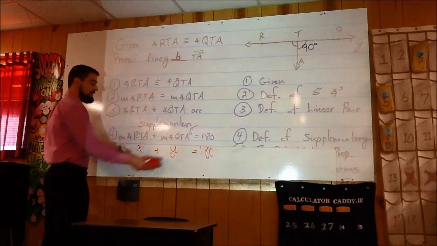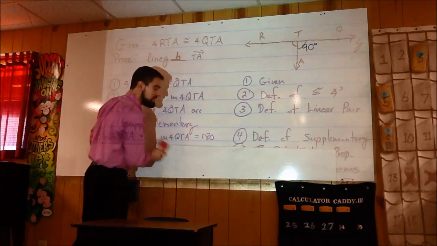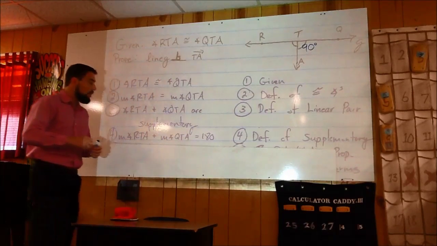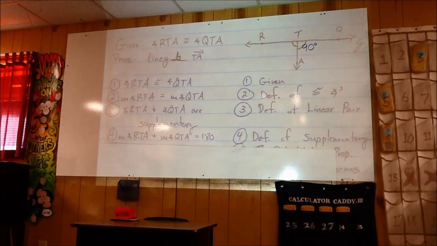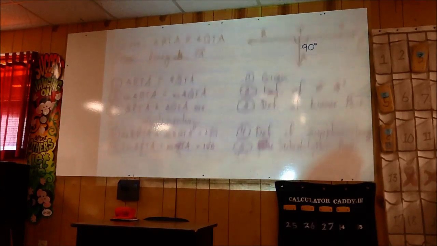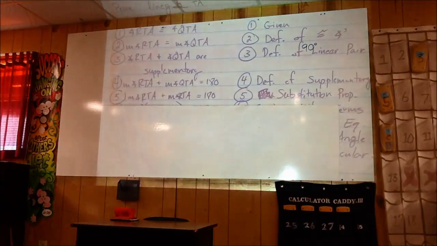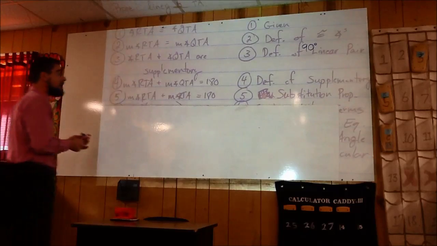Well, luckily, these variables equal one another. So you need to replace one of those variables with what it is equal to. I think I chose to keep angle RTA. So the measurement of angle RTA plus the measurement of angle RTA.